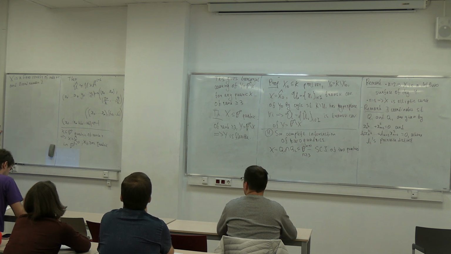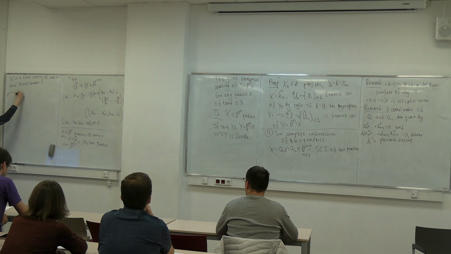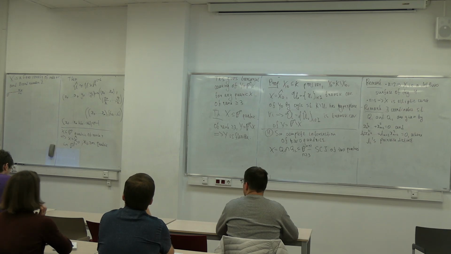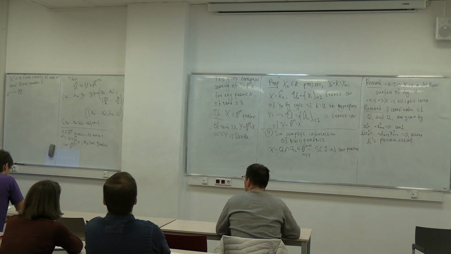What is the index? In the Picard group you have your canonical divisor, and n minus 1 is the number of times you have to add the generator of the Picard group to get your canonical divisor. The subgroup generated, yes, of course.